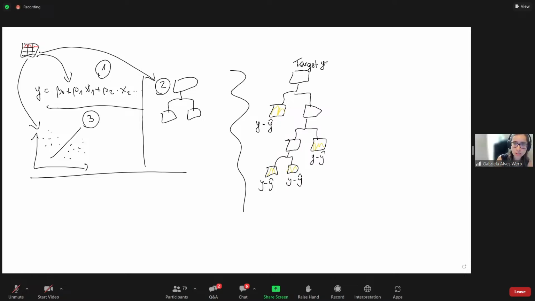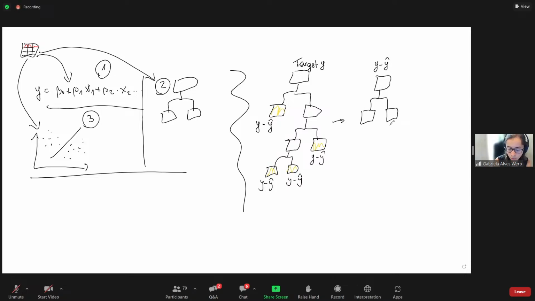Exactly. So here, the dependent variable of the first tree, you might think of it, this was the y. Now for the next tree, my target's not going to be the y anymore. My target's going to be the y minus y hat, for a regression problem. So I'm going to grow another tree, but that's not focusing on the y anymore.